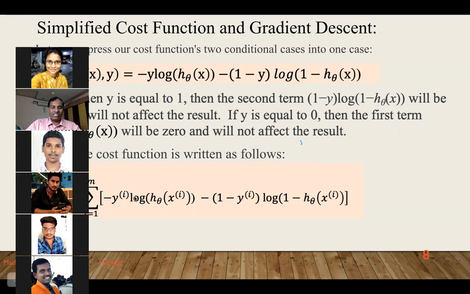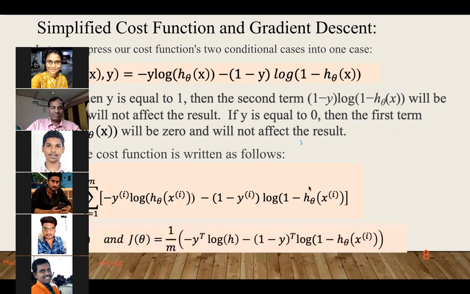So the first term will take care of positive values, because for positive values this 1 minus yi will become 0 and this term doesn't exist. Whenever your yi is 0, the first term will cancel and only the second term will remain. So we are able to write this whole function as one equation now.